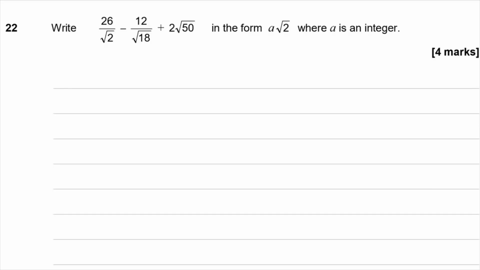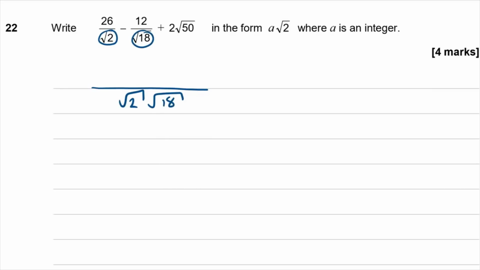Well, I've kind of spotted that 2 times 18 is 36, which is a square number. So by putting those first 2 fractions over one denominator, they should simplify. So let's try that. So I've got root 2 on the bottom of that one and root 18. So I'm going to put my common denominator as root 2 root 18.